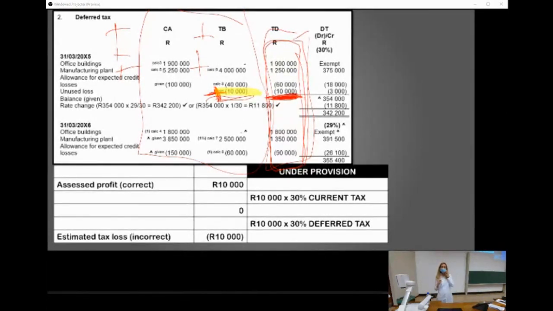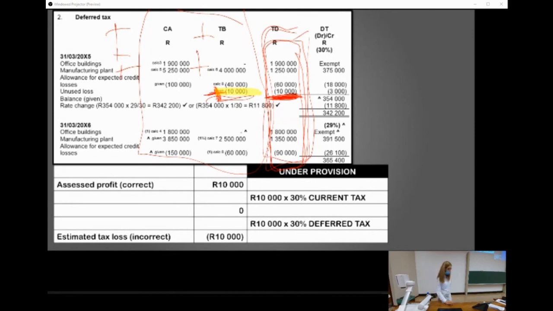I did mention that in the previous lecture. We are just worried about the signs in this column, but to make it easier for you in a test or an exam, I suggest you put your assets as positives, your liabilities as negatives, and the same with their tax bases, so that when you do that calculation, you get to the right answer. Good.